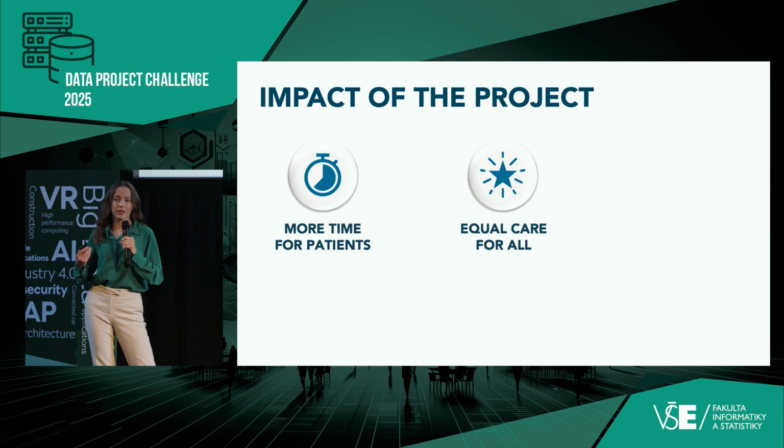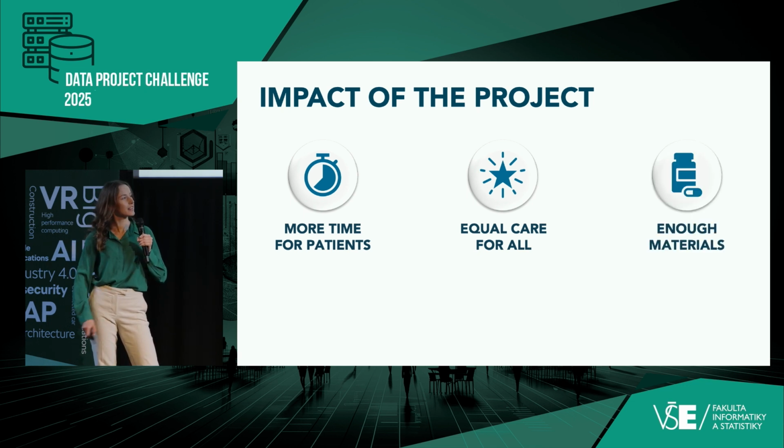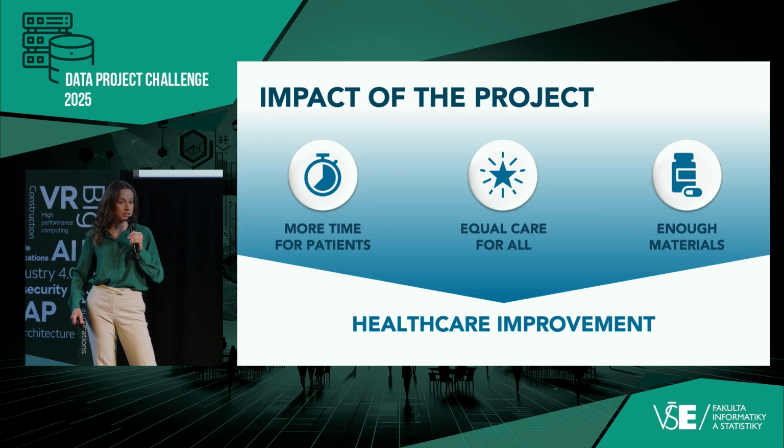We also decided to do the data-based allocation for the employees, and that secures that every patient in the hospital has the care they need. And finally, with the predictive model, we secured that the hospital always has the materials they need, the pills and the medications. With this, we improve the healthcare in this hospital.